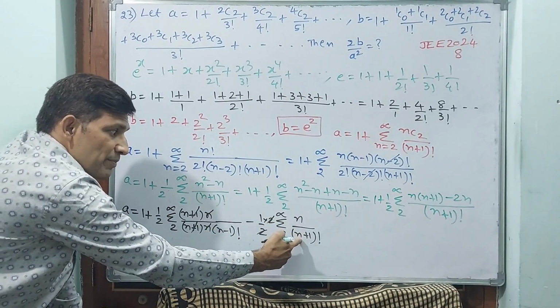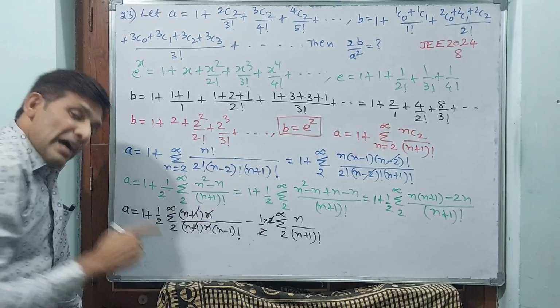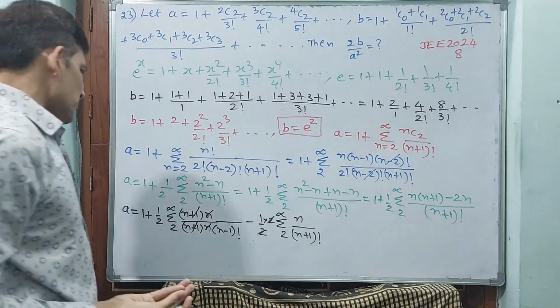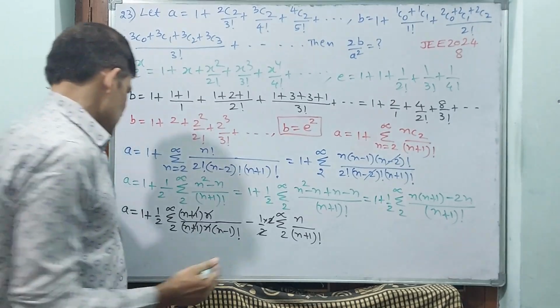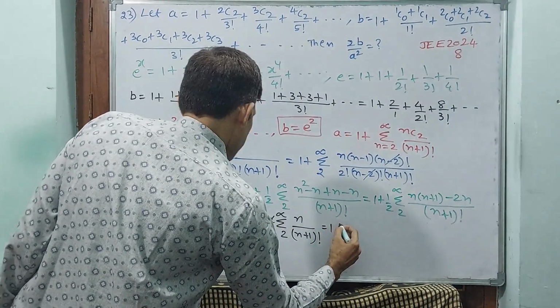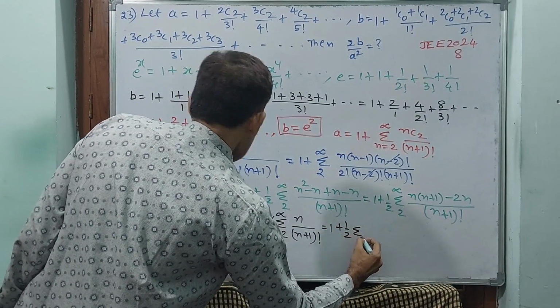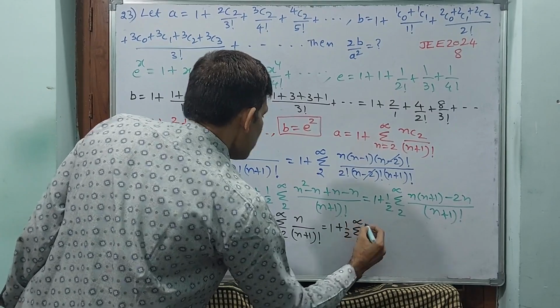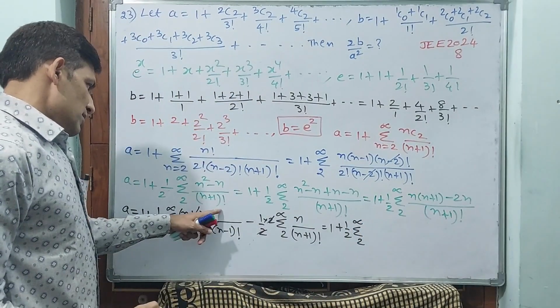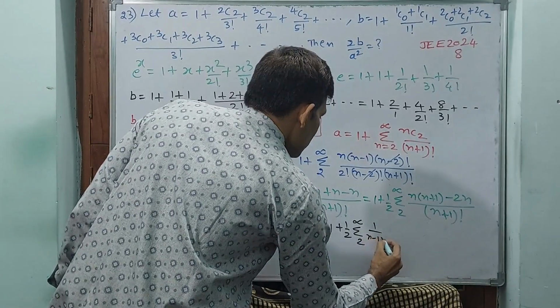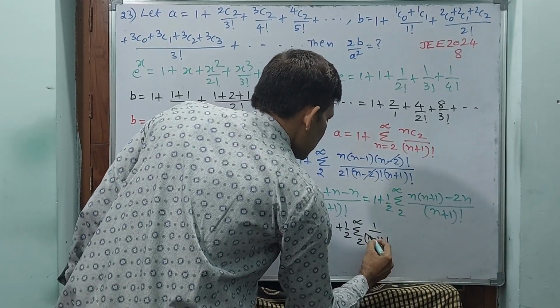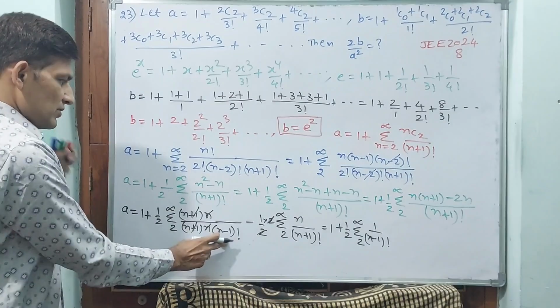Now see here also n plus 1 is there, plus 1 minus 1. Again how to do? We don't have any other option. Here what will happen? 1 by n minus 1 factorial is going to come. That is equal to 1 plus 1 by 2 sigma 2 to infinity, here simply 1 by n minus 1 factorial. Okay, this term.